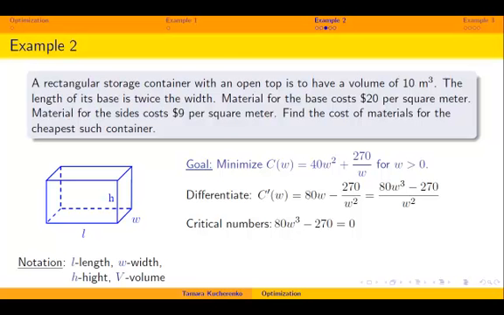We solve for W and get W cubed equals 270 over 80. After taking the cubic root, W equals 3/2, which is the only critical number.